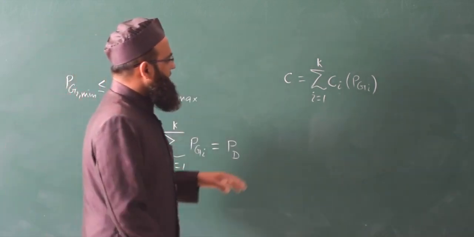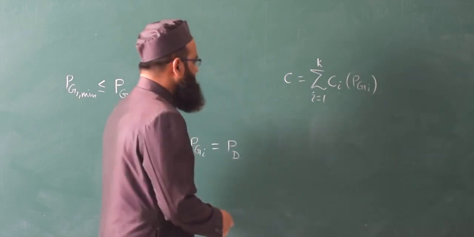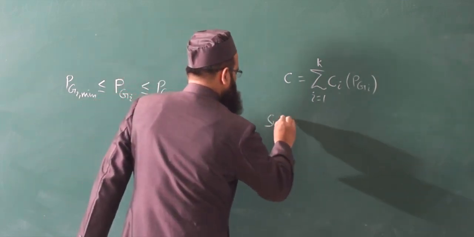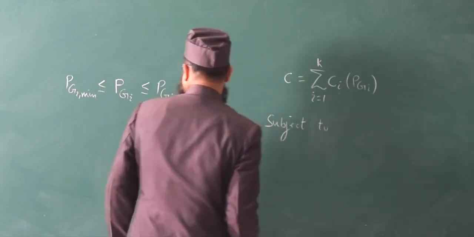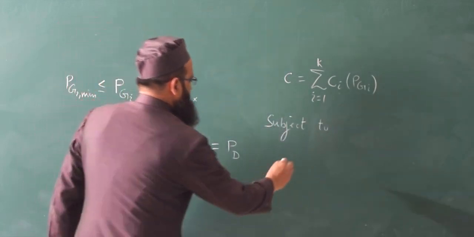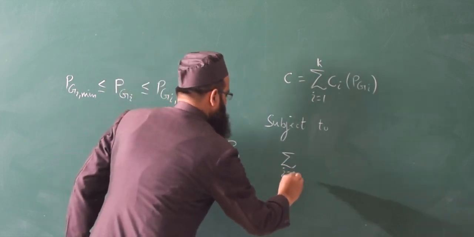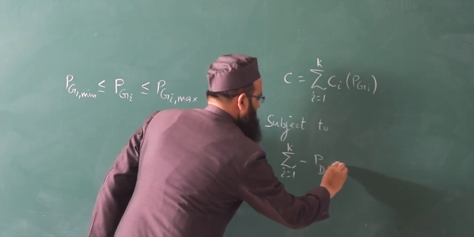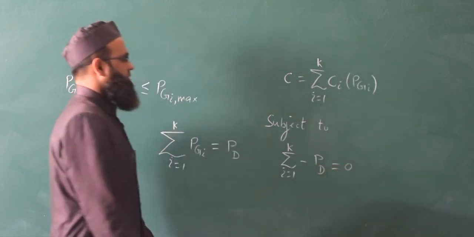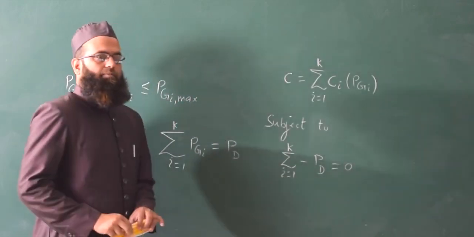So our objective is to minimize this objective function subject to the constraint. What is the constraint? We can write the same thing, summation of PGI for I equal to 1 to K minus PD equal to 0. So this is an optimization problem.